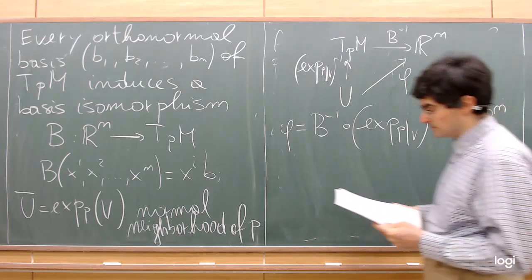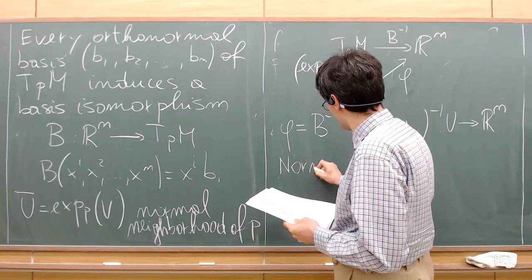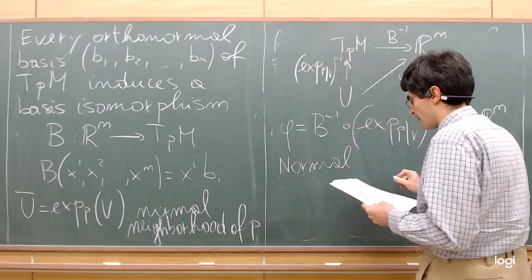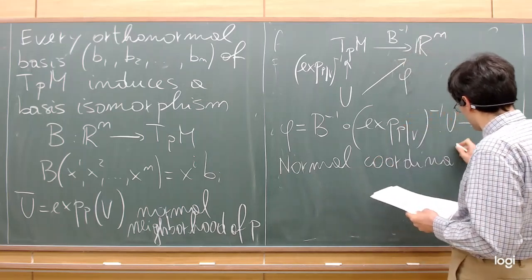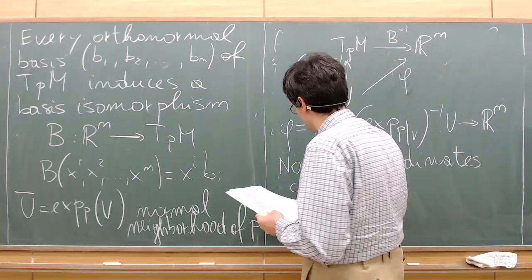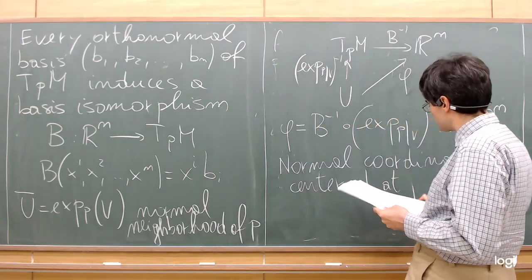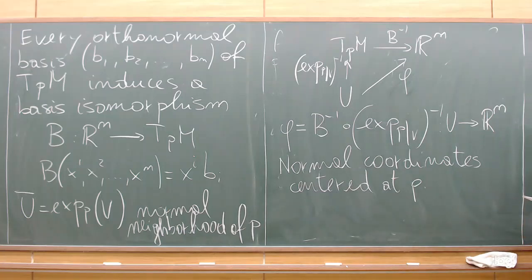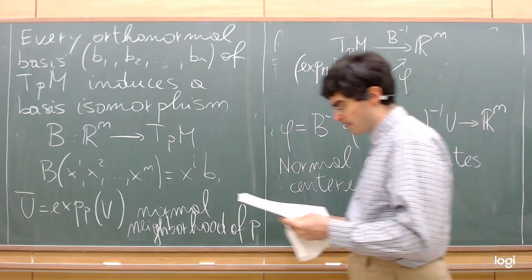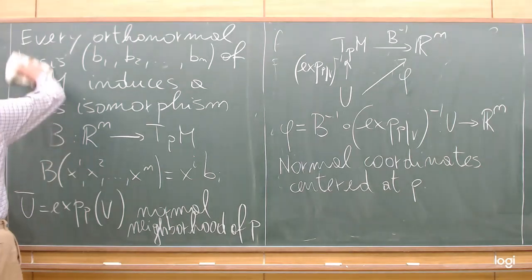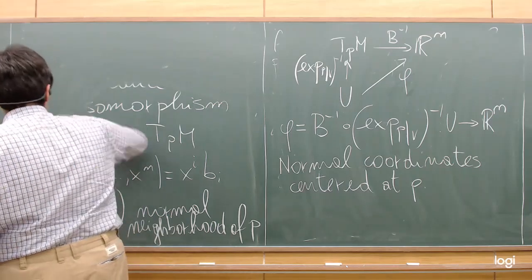These coordinates are what we call normal coordinates centered at P, also Riemannian normal coordinates centered at P. I want to present their properties.